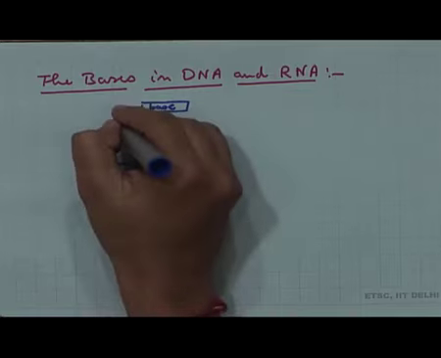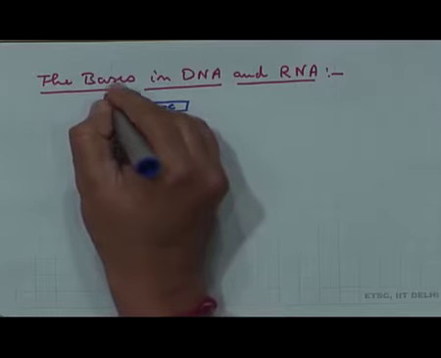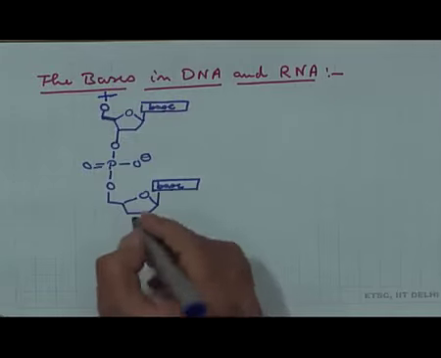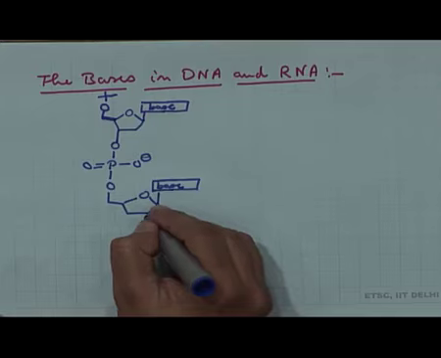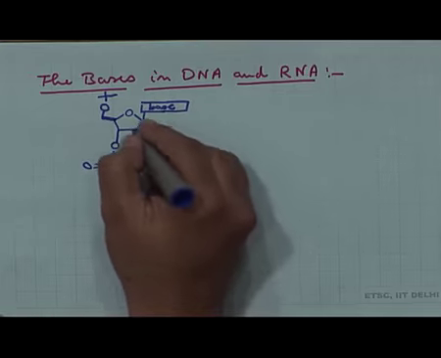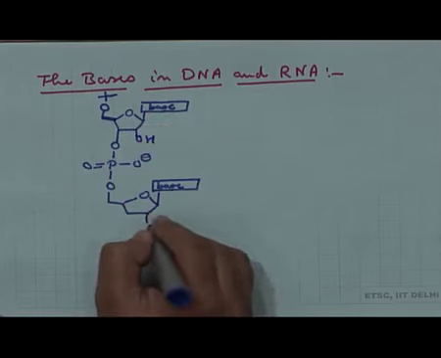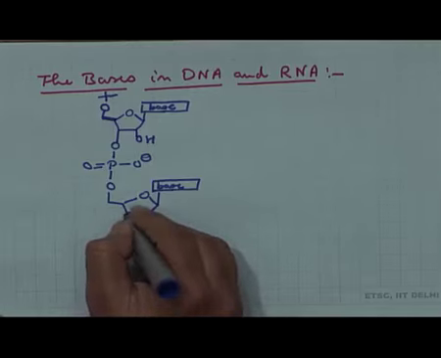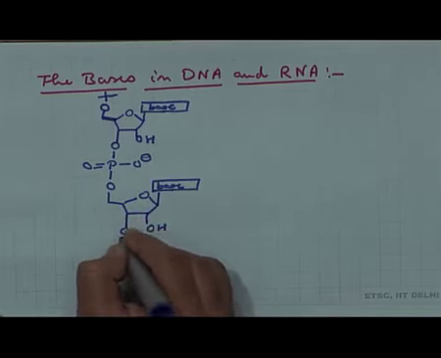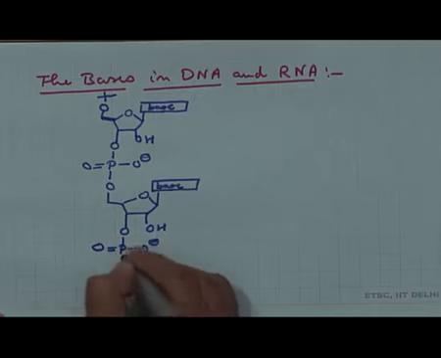Since RNA has D-ribose, I will make the D-ribose structure again, and this is another phosphodiester linkage.